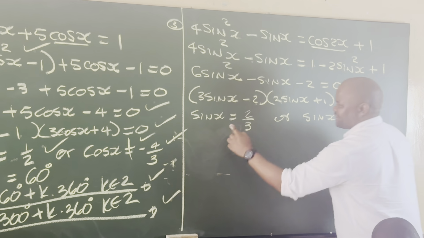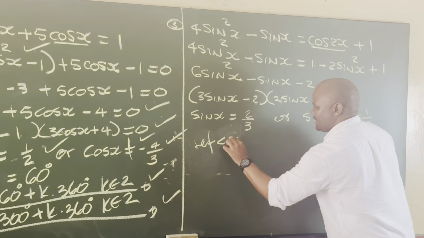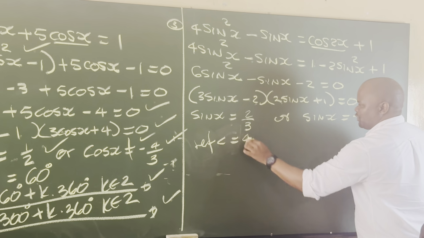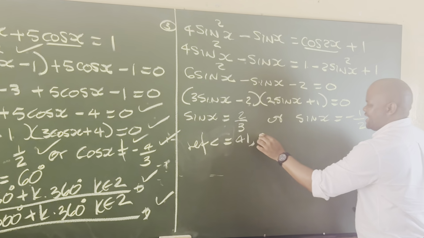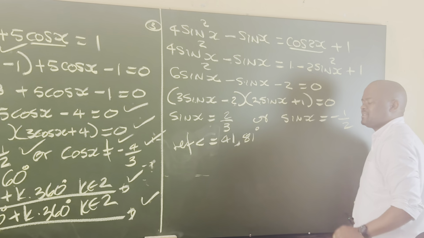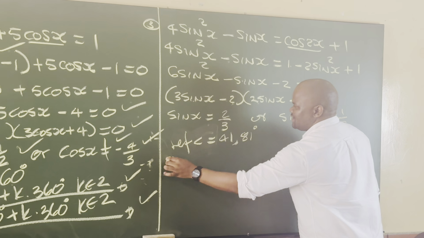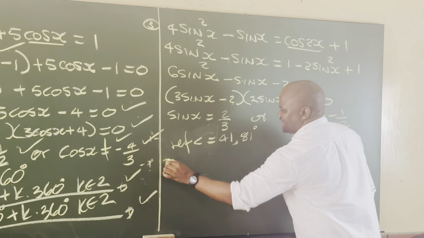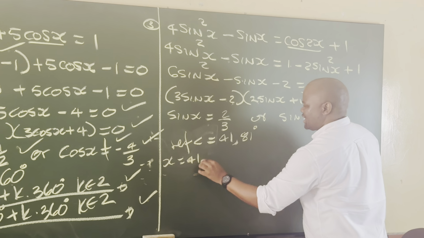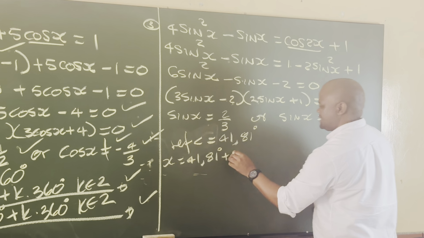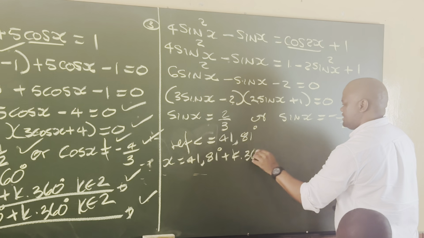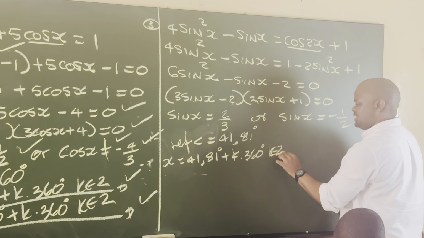Okay. What is the reference angle for this one? 41,81, rounded off to 2 decimals. Then let's go ahead and find the solution. First quadrant. The solution for the first quadrant is going to be x equals to 41,81 degrees plus k times 360, where k is an element of integers.